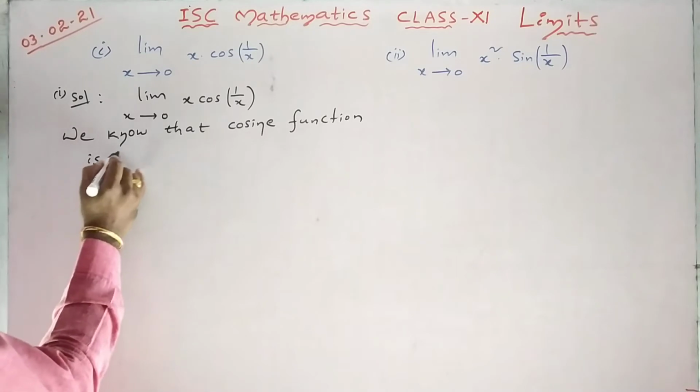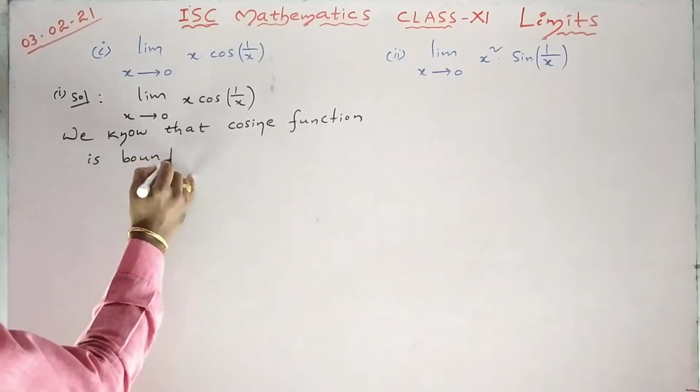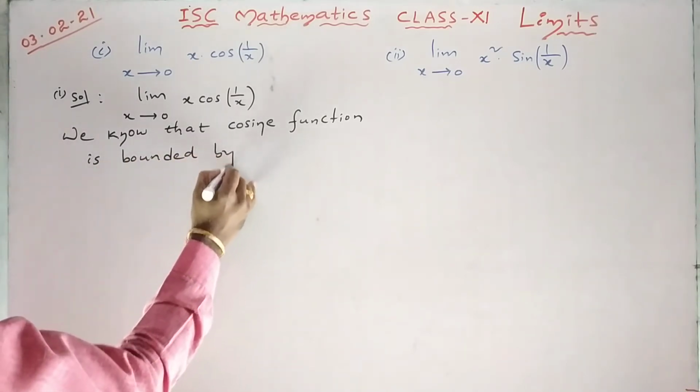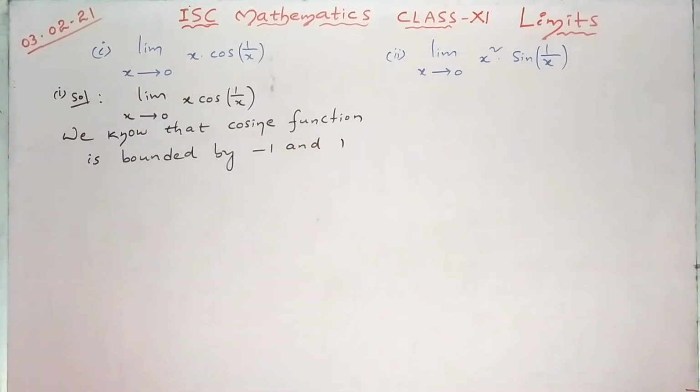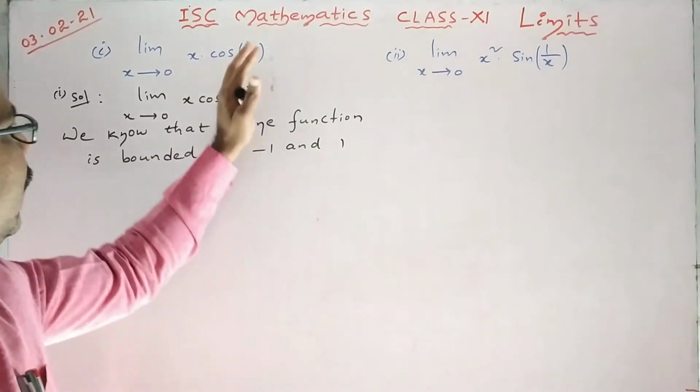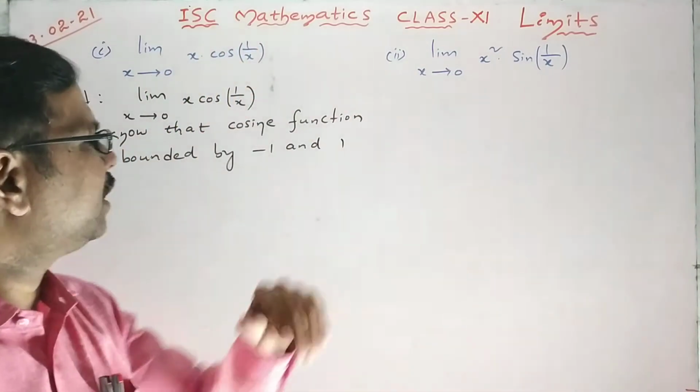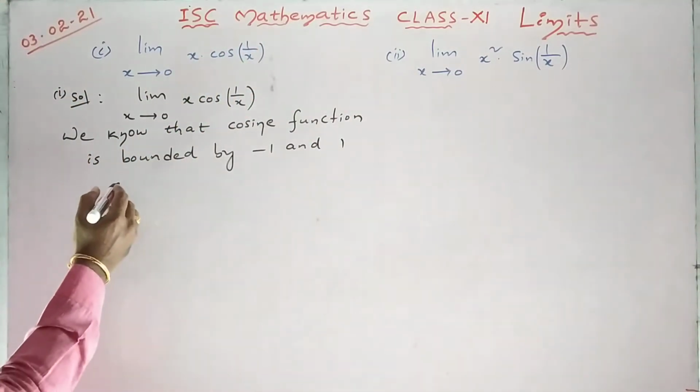Cosine function is bounded by -1 and 1. Always lying between -1 and 1. Not only cosine function, sine function also lies between -1 and 1.